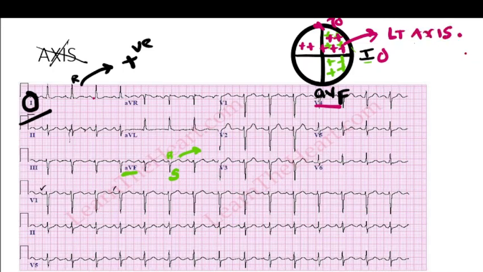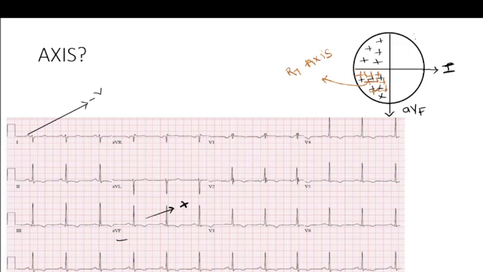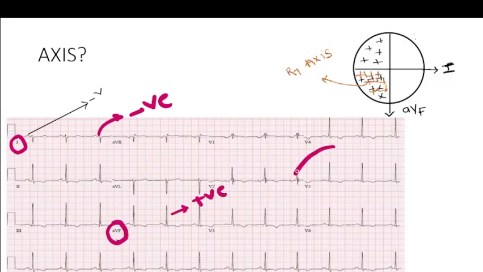All right, now let's look at another figure here. If you look at lead 1 here, S is a little bit tall compared to R, so R minus S here is negative. Here is AVF, and it's very clear that R minus S is positive. Now let's draw it over this figure.